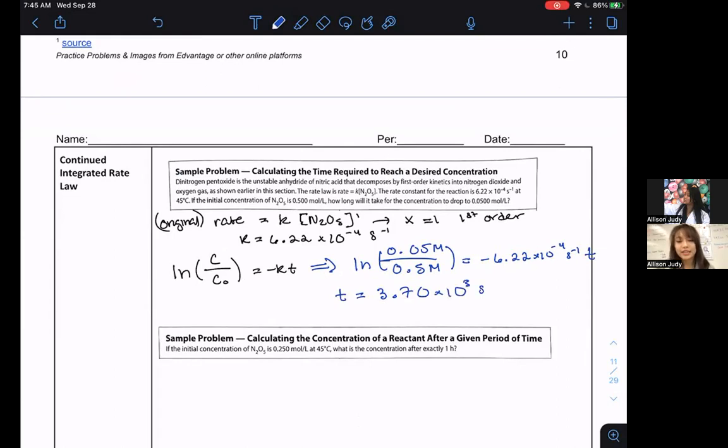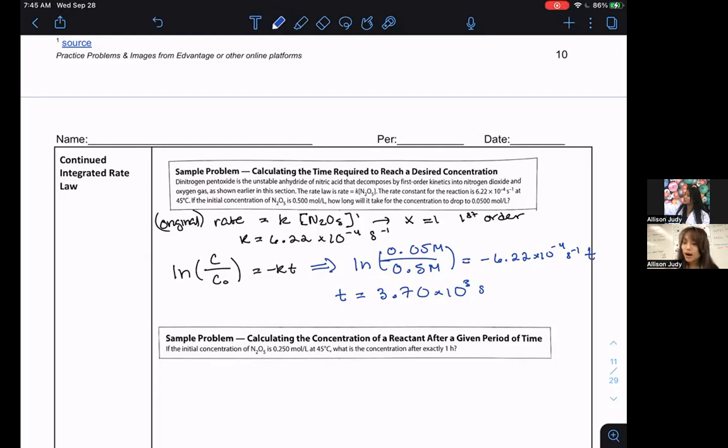I don't know how long that is in minutes, but that's a substantial amount of time. So that's one way that we can use this, and notice it's really convenient. If you're talking to a buyer and you ask, how long before I'm going to run out of reactant?